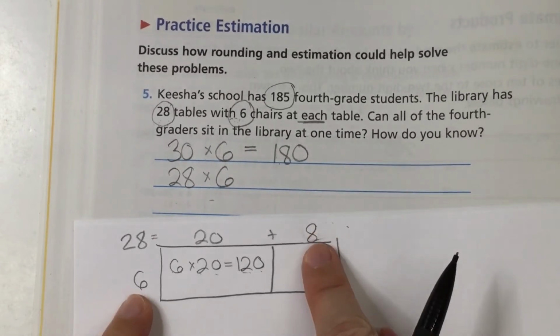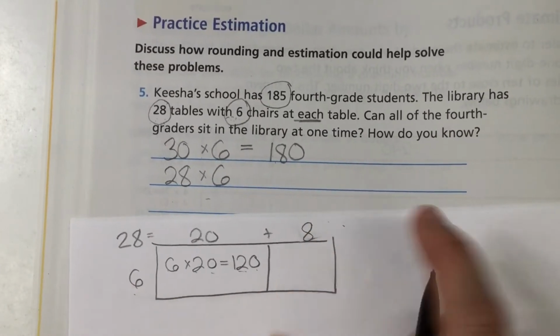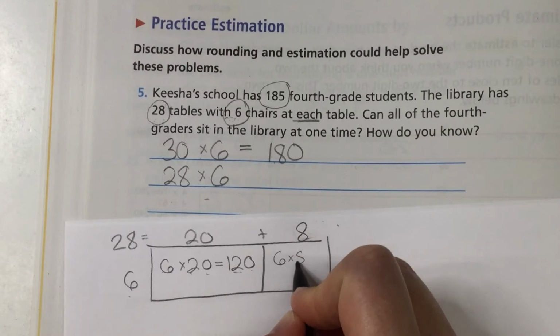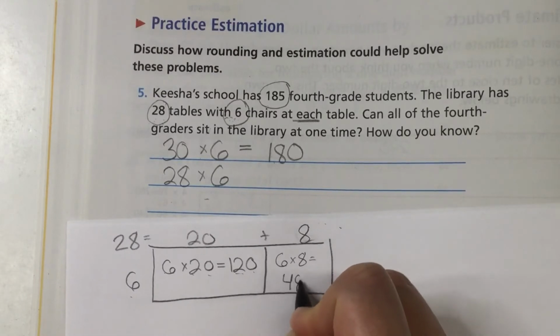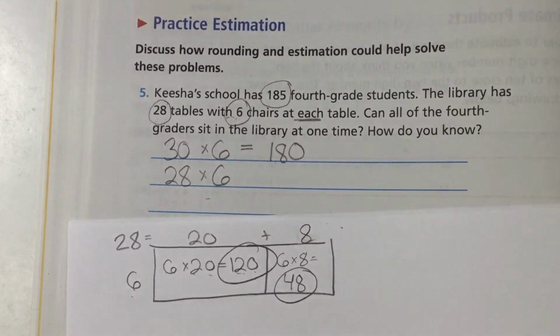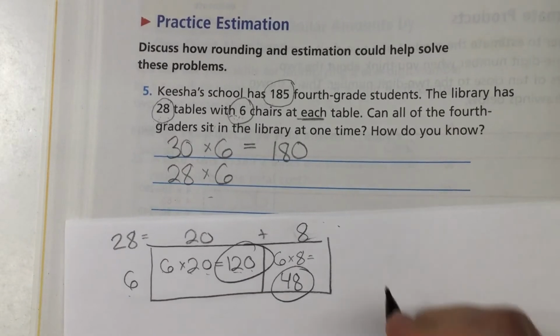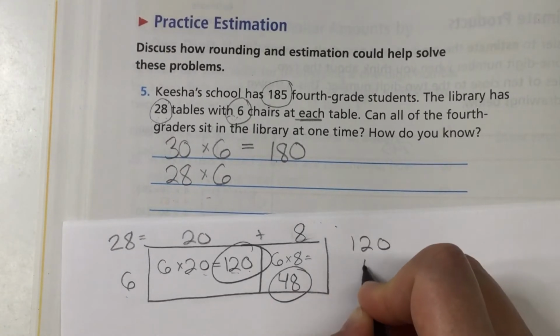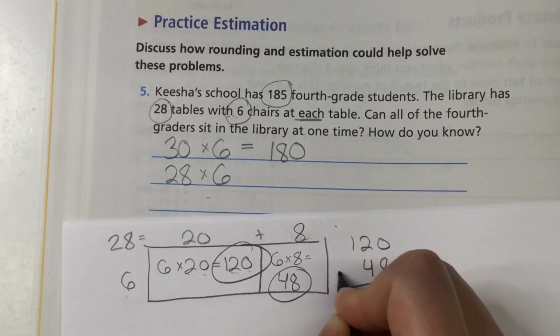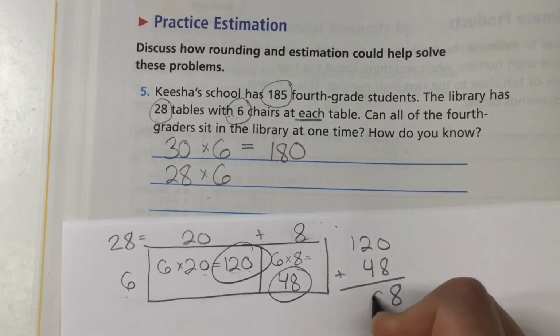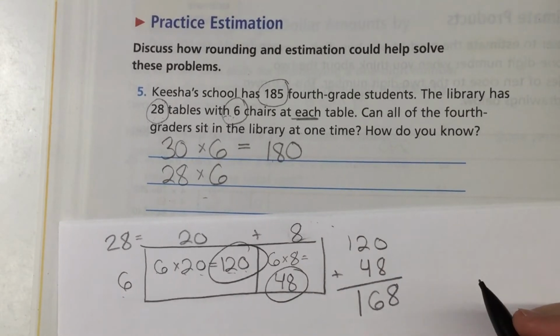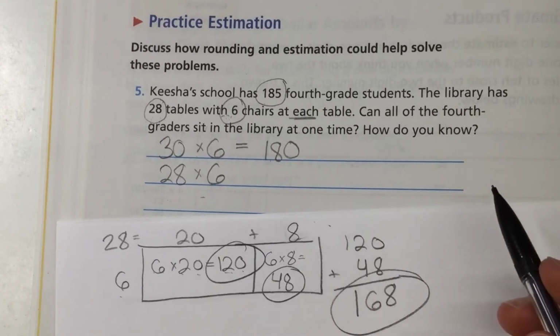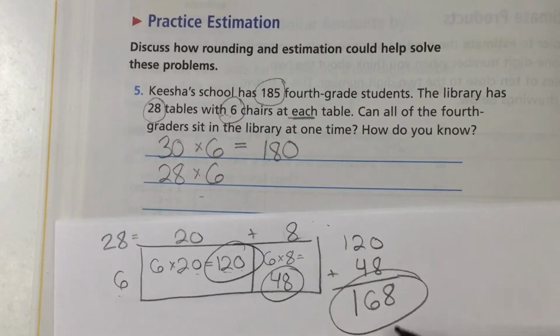6 times 8 is what goes into this box. 6 times 8 is 48. So now I have 2 numbers that I need to add up, the 120 and the 48. And there's my answer, folks, 168. Let's look at that.